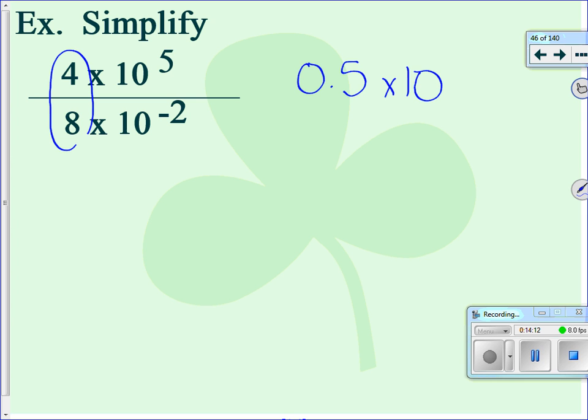Times 10, what is this part going to be? 10 to the what? So you're subtracting the exponents. So 5 minus negative 2 times 10 to the 7th. Is that incorrect scientific notation?